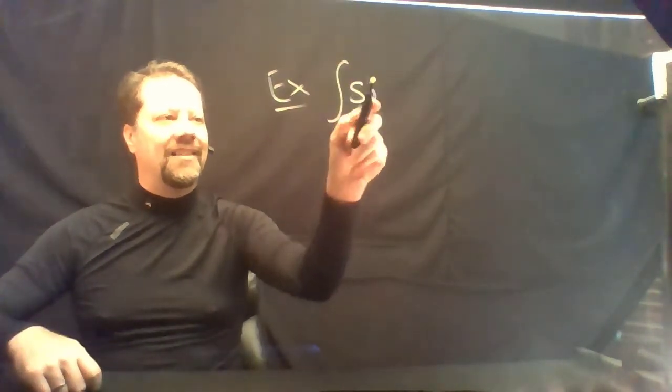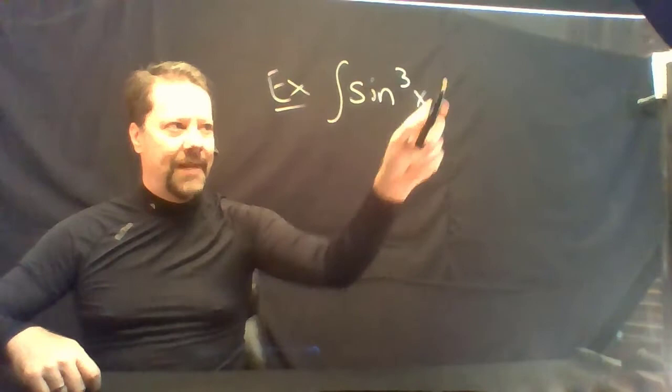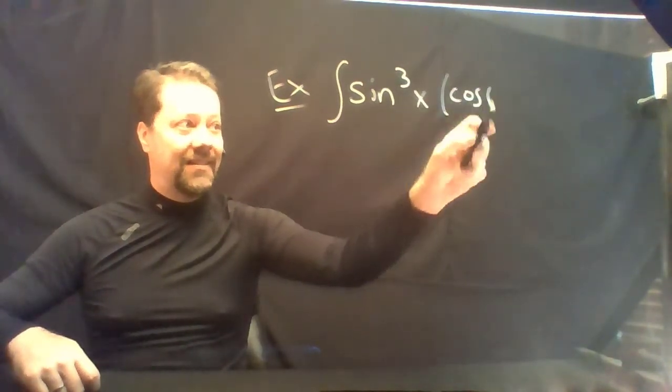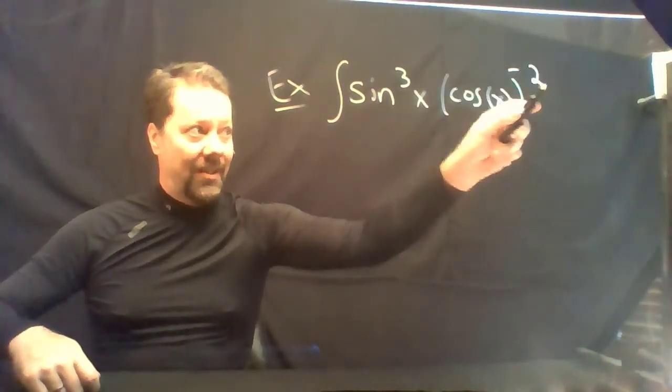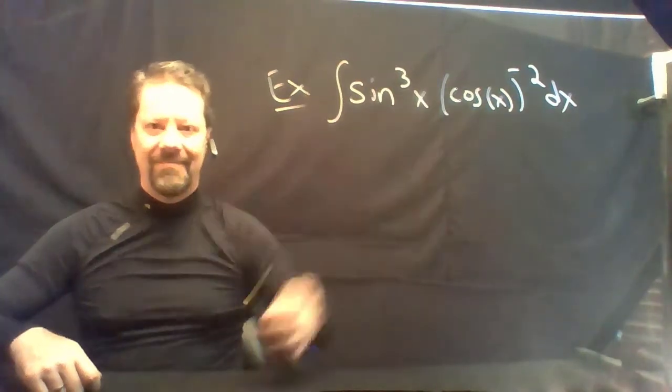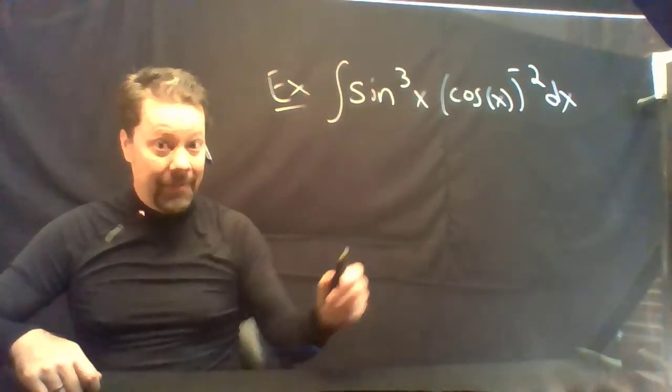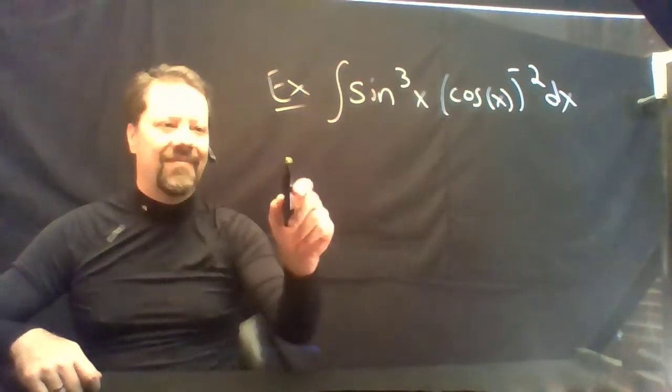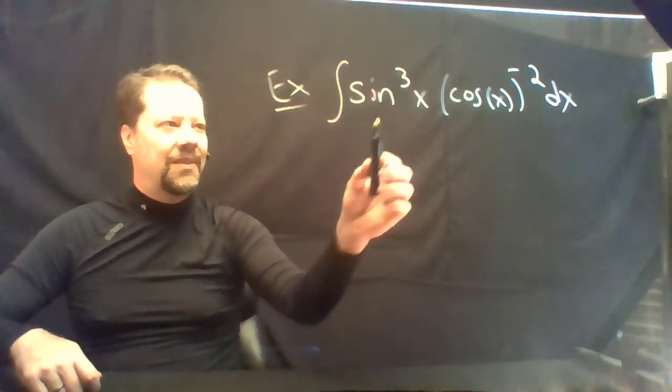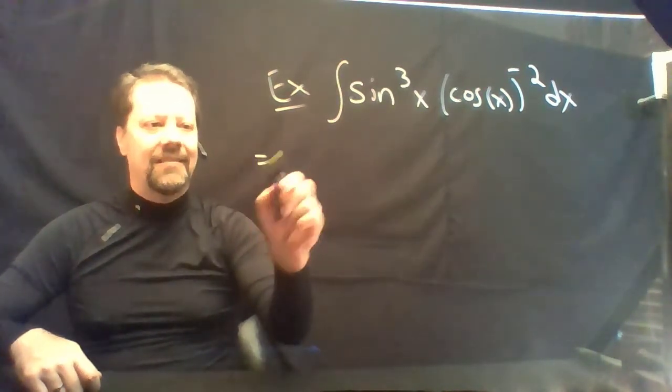In our next example, we're going to integrate sine cubed x times the cosine of x to the minus 2. The minus will not mean inverse, just reciprocal. Here's what we'll do. We'll split off one sine.